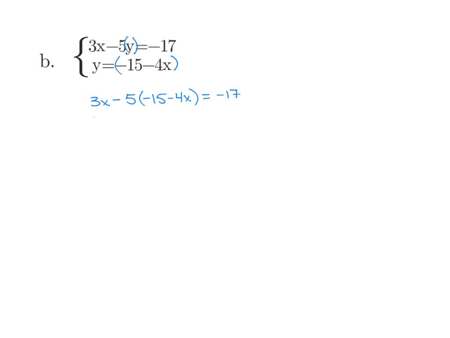All right, we want to go ahead and distribute. We get -5 times -15 is 75, and we get negative 5 times negative 4 is plus 20x. I can combine my like terms. 3x and 20x is 23x.